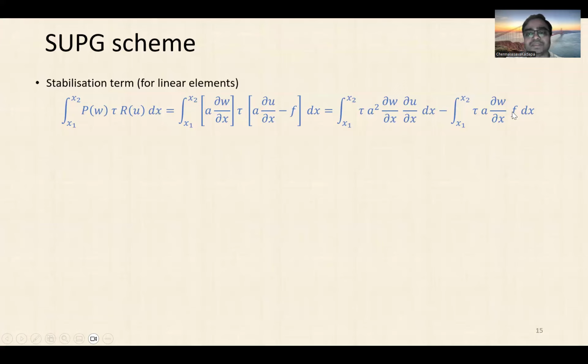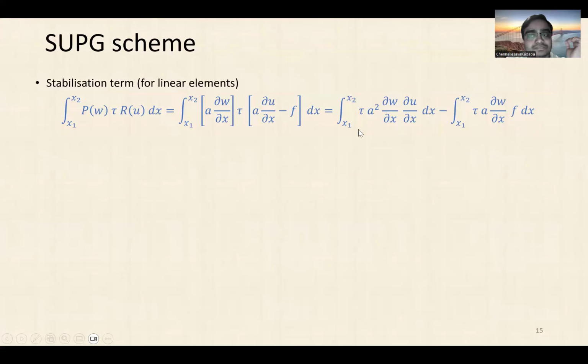Now, if we observe this first integral carefully, the integral from x1 to x2, that is over the element, our two-noded element, of tau A square dou W by dou x multiplied by dou U by dou x dx, this is familiar to us.